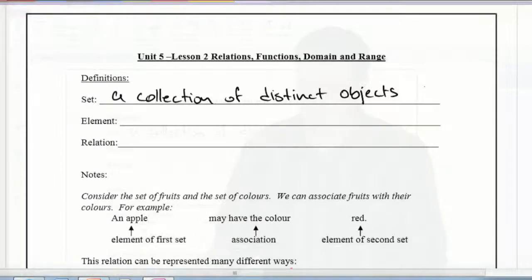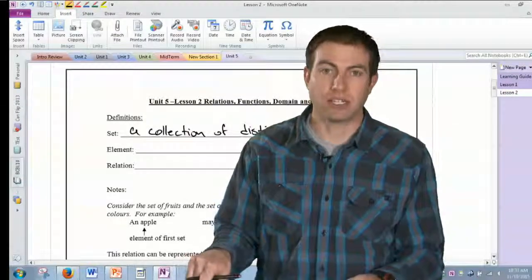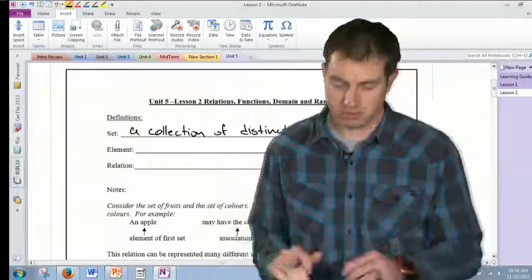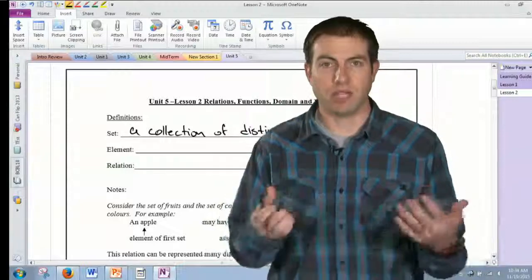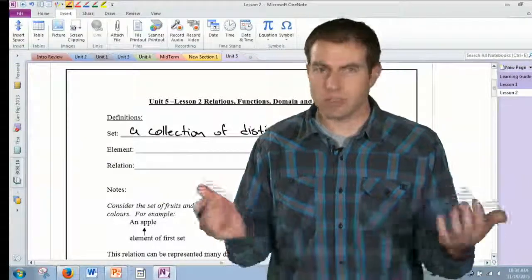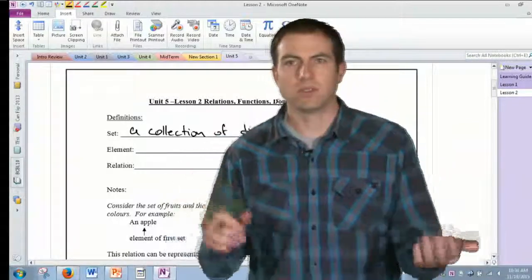In everyday life, you might have a set of, I don't know, what do people collect these days? You have a set of action figures or stamps. That would be a set. They're distinct. They're all stamps, but they're different. You have different stamps, but they're all stamps, so they share things in common. I know you guys don't collect stamps or action figures, but what do students collect these days?